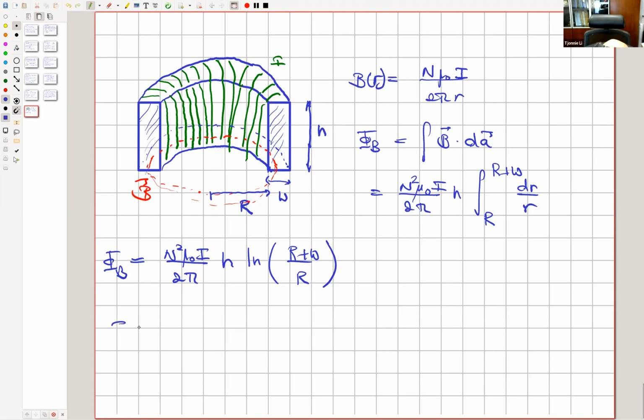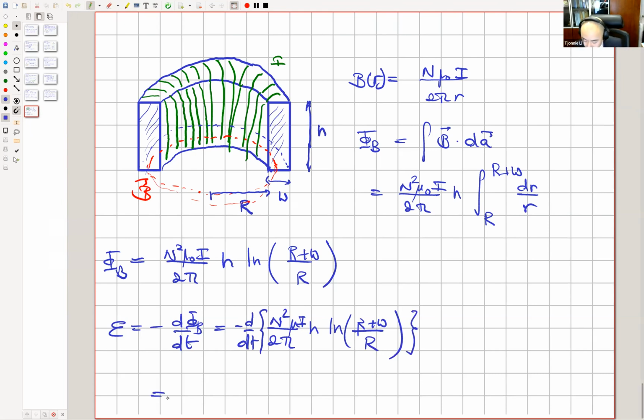So E, curly E, is just minus d phi B dt, which is just negative N squared mu naught over 2 pi H, or, well, okay, let me write it this way, minus d by dt of this, and you have H, and then the log, sorry, there's an I here, H log of R plus W over R.